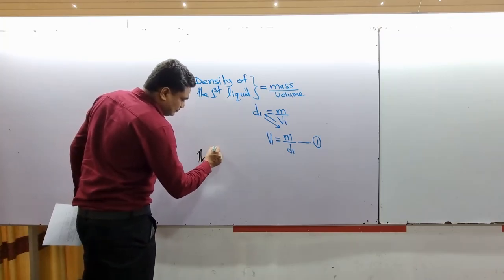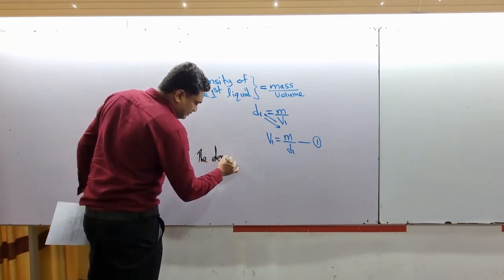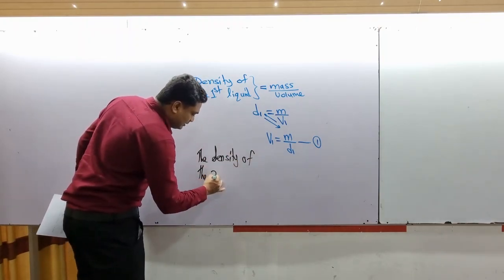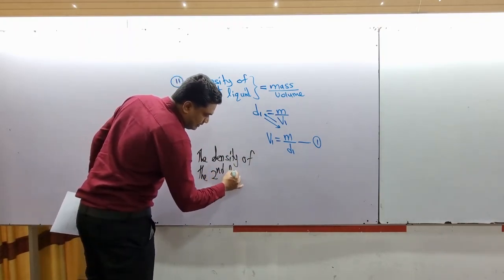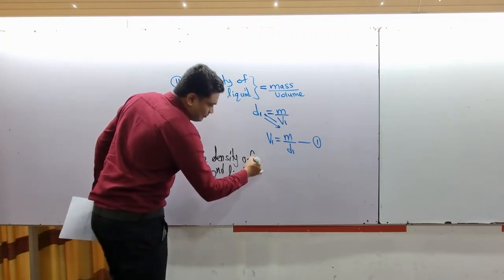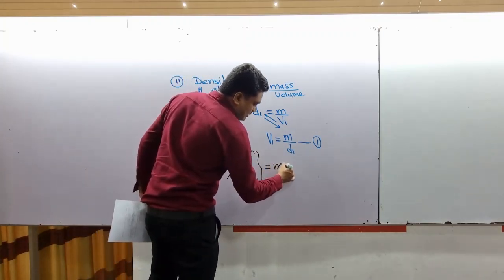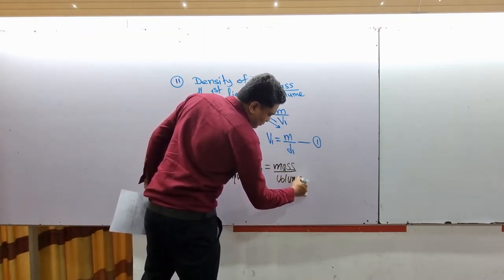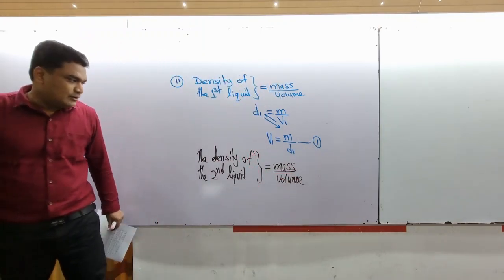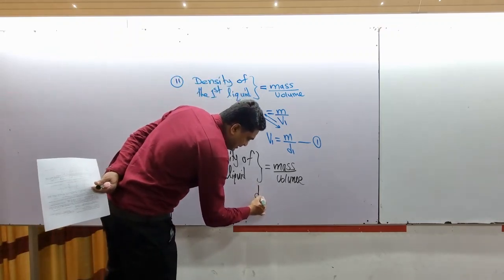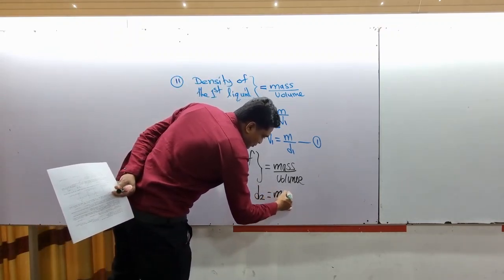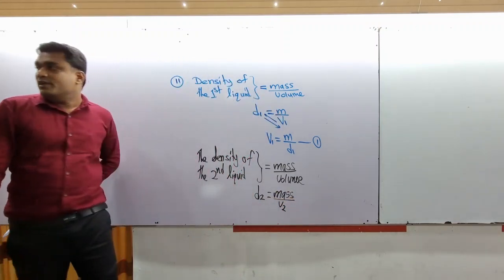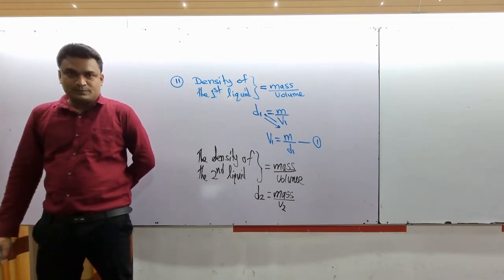The density of the second liquid, again it is mass over volume. Density of the second liquid is given as D2 equals mass over volume, V2.